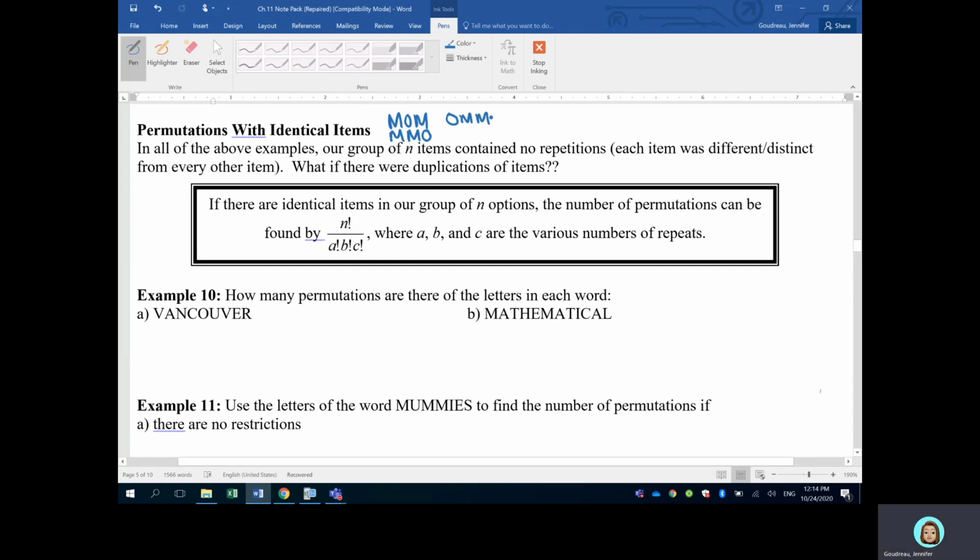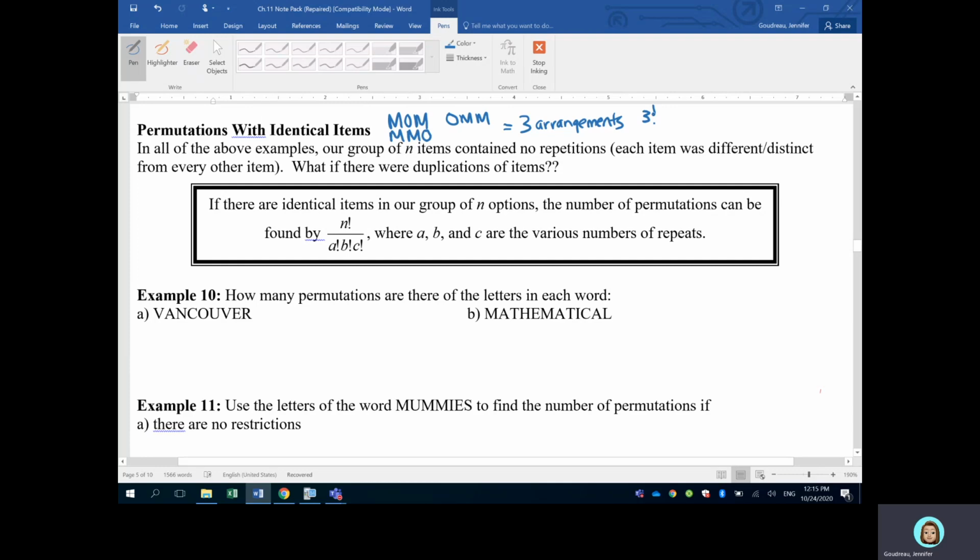Interchanging the M's in any of these three arrangements does not create a new permutation. They are identical. So instead of getting the 6 expected arrangements, we're only getting 3 permutations. Now, keep in mind, we are still arranging the 3 items. So we are still starting with 3 factorial arrangements.